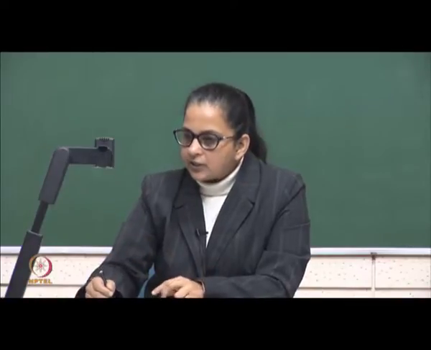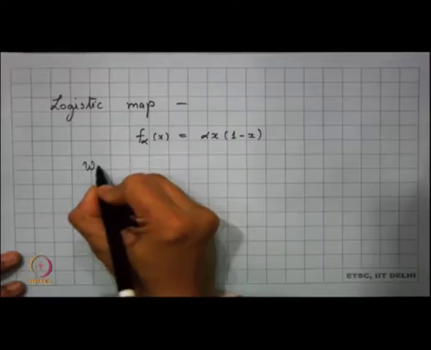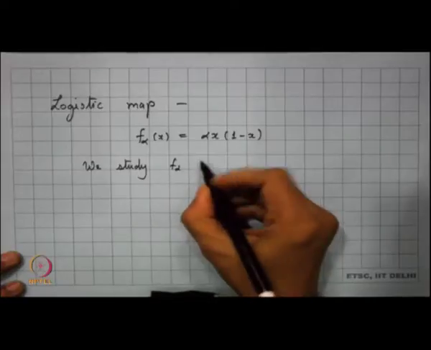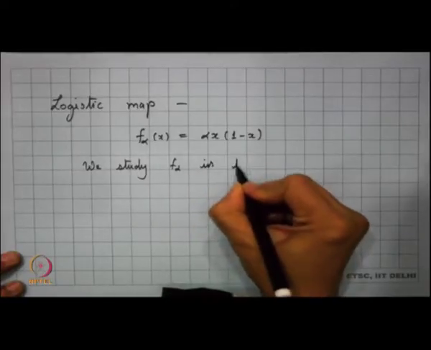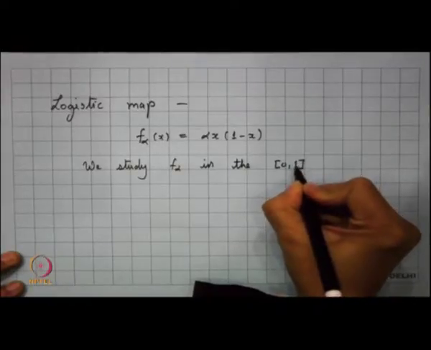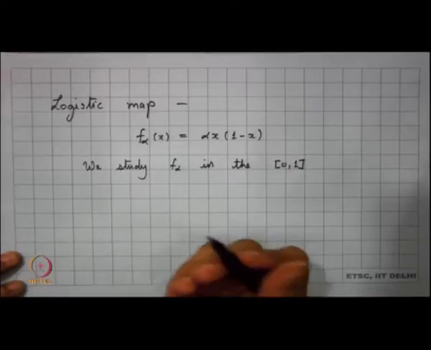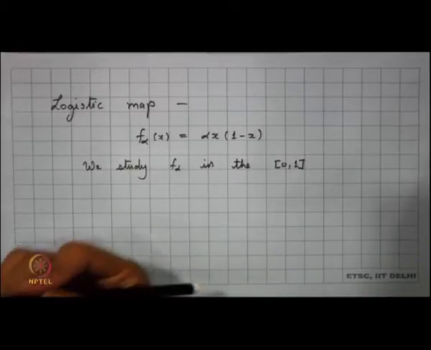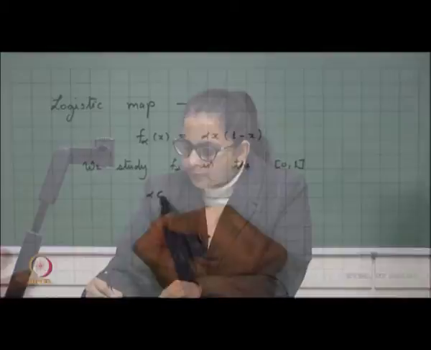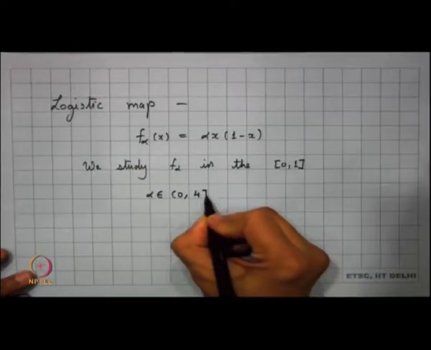So, we study this logistic map f alpha in the interval (0, 1). Also, we will study this logistic map for alpha in the range of 0 to 4.